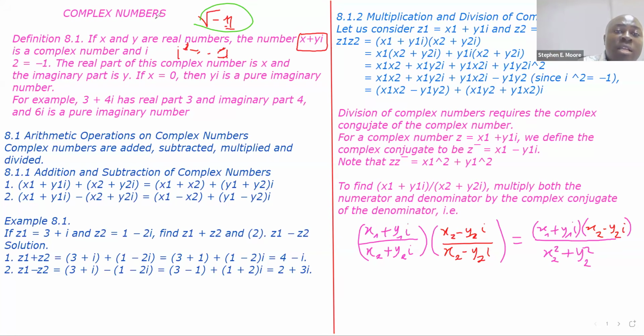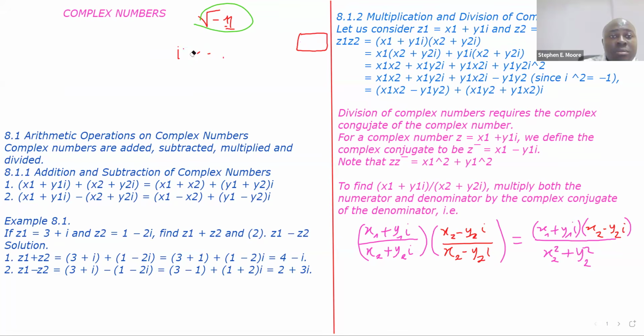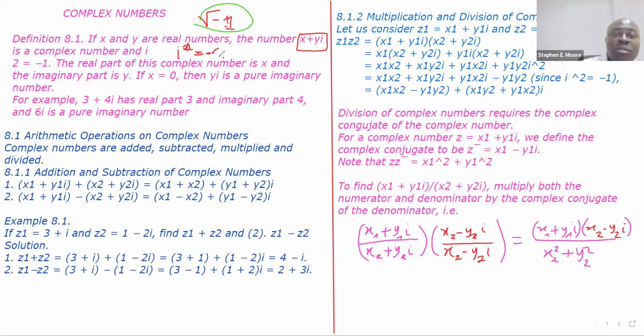This is a really critical aspect, that i squared is equal to -1. This is of critical importance to what a complex number is.